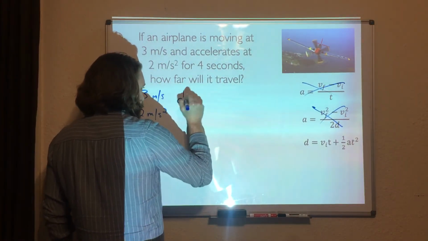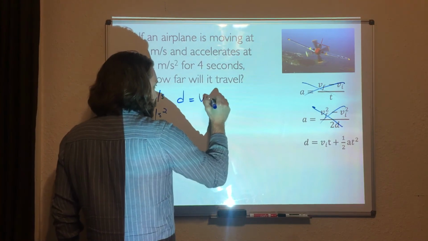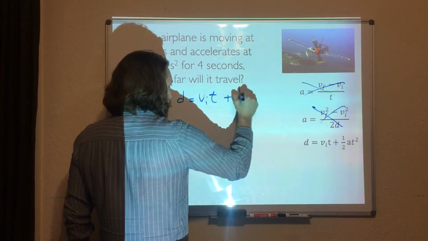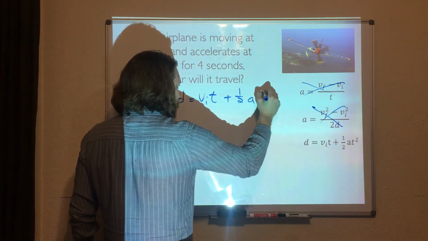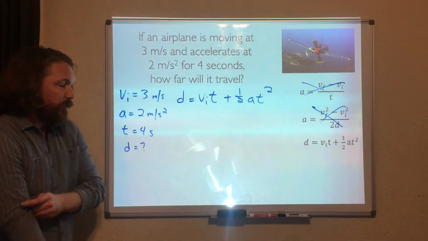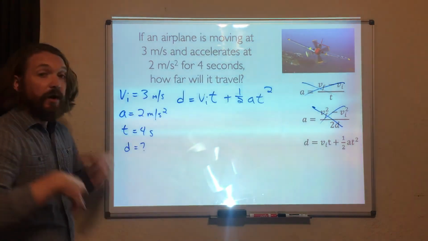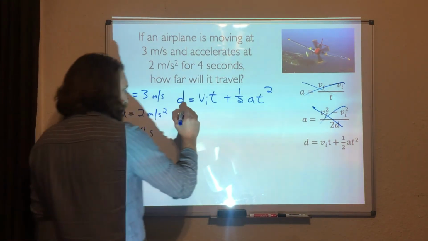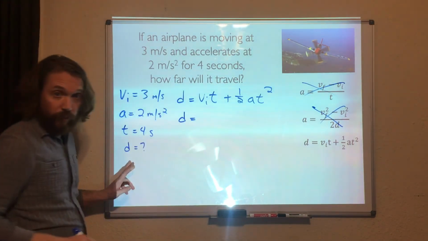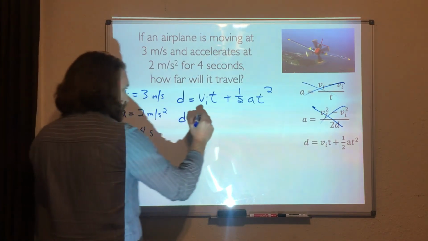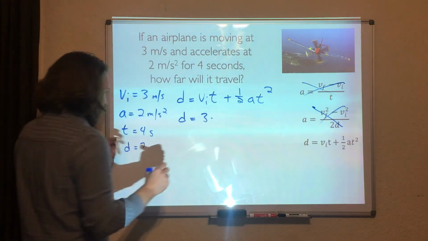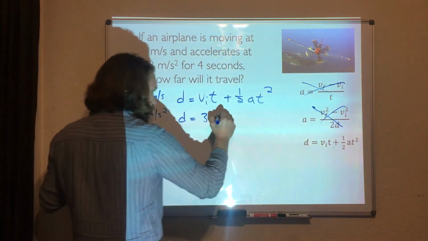This is distance equals initial velocity times time plus 1/2 acceleration times time squared. It's a big one. This is a big boy. Don't worry. We can get through this. We plug in our numbers. D is equal to what I'm looking for. Initial velocity is 3. So we have 3 times our time, which is 4.